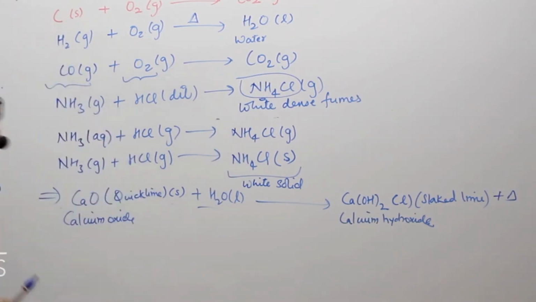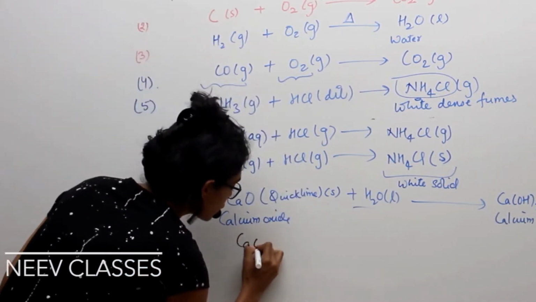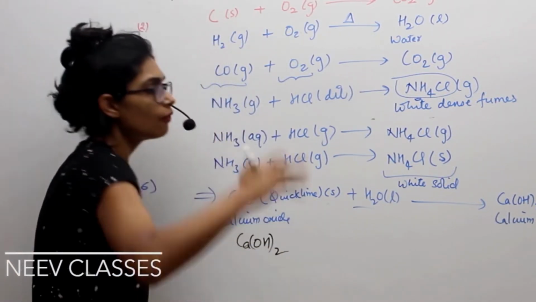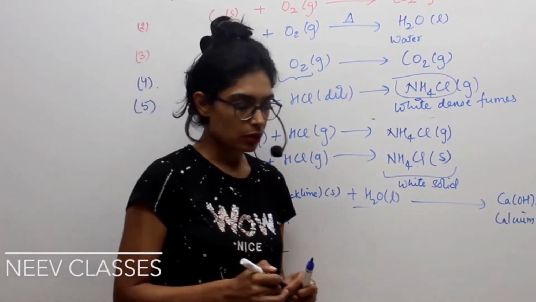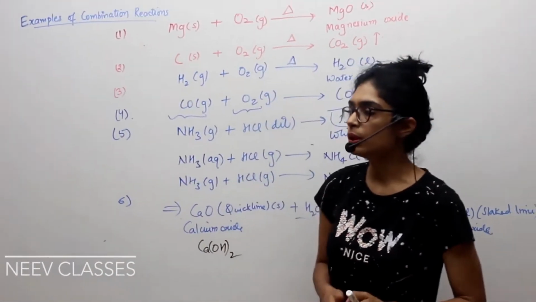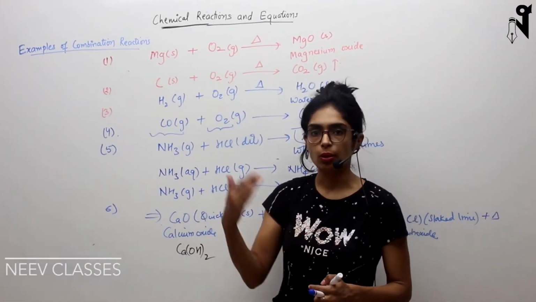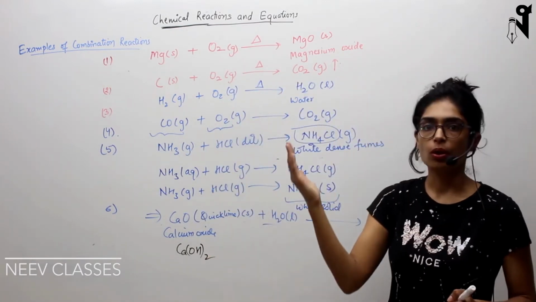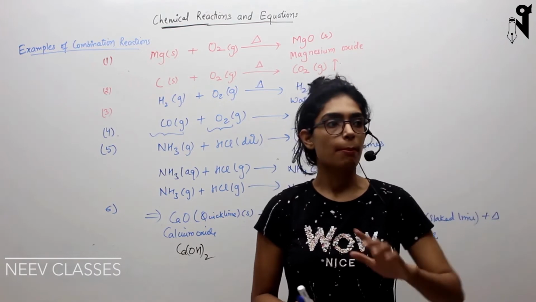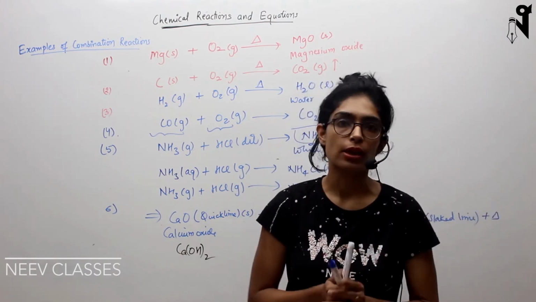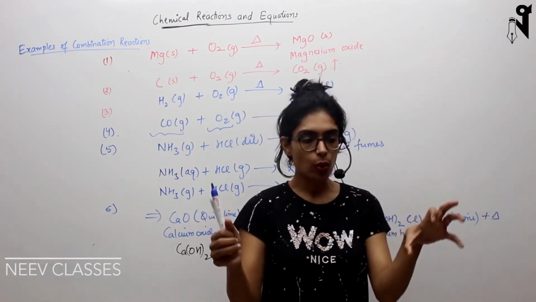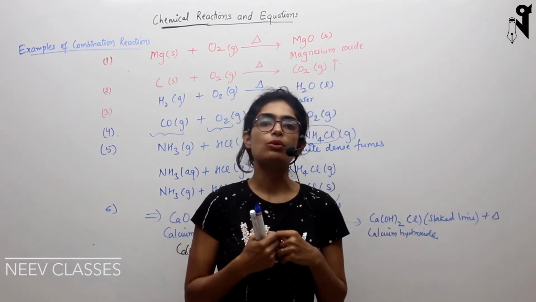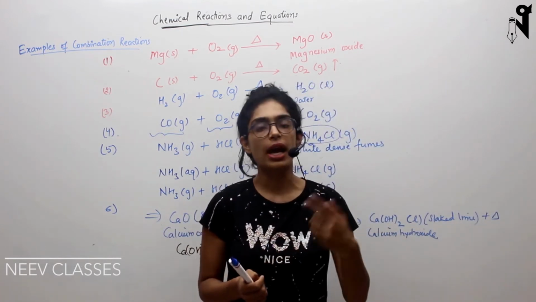Calcium hydroxide is something we use for whitewashing on the walls. Whenever the whitewash happens on the walls, you put the Ca(OH)2 on all the walls, and what will happen after putting it? In the environment there is carbon dioxide gas also present. So Ca(OH)2, that is slaked lime, will start absorbing the carbon dioxide gas and reacting with it.